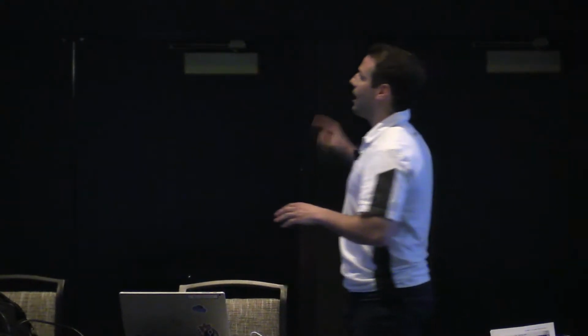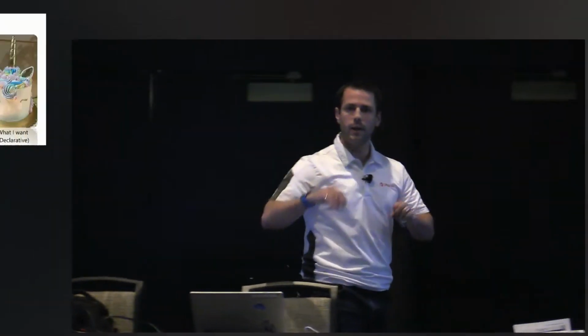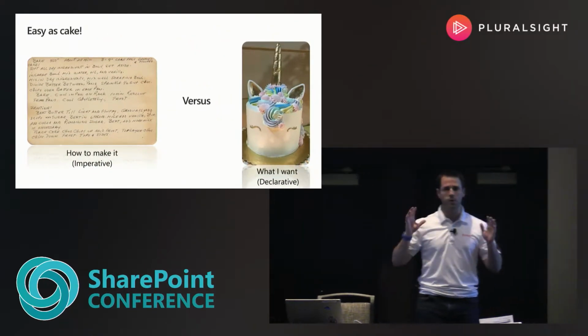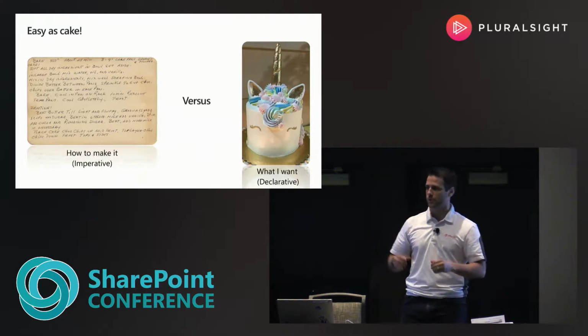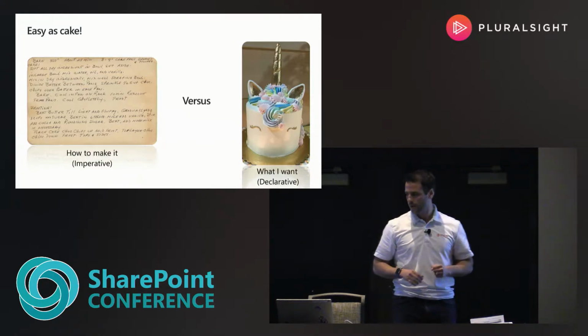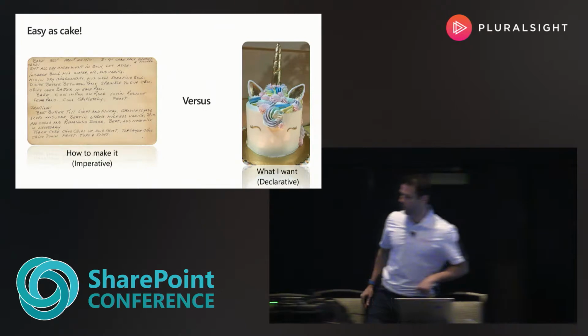So you need the flour, you need the sugar, you put the flour and sugar together and so on. Whereas the declarative approach is basically, here's what I want. I want it to be chocolate flavored. I want it to look like a unicorn, but I don't care how you do it. That's the end result I want. Right? So that's really the main difference between the two approaches.